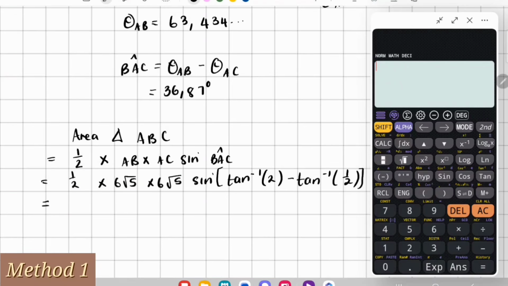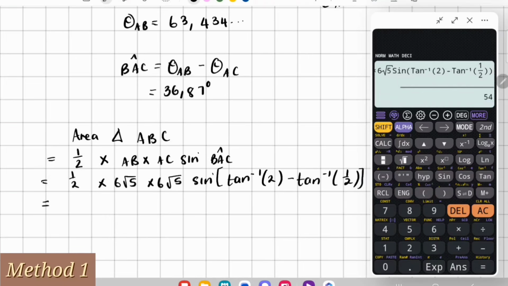So I'm just going to go ahead and say a half multiplied by 6 square root 5, again multiplied by 6 square root 5, and then make sure you're coming out of that radical. And then you say sine of, and I'm going to say shift tan of 2 minus shift tan of a half. And then when I come out of that, close the bracket and close finally that bracket for everything.